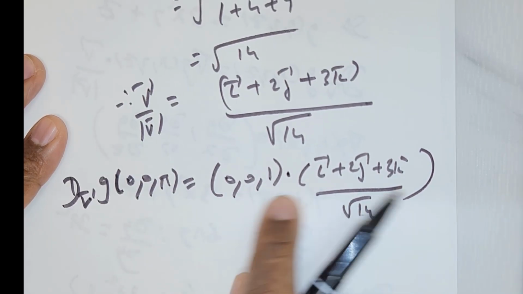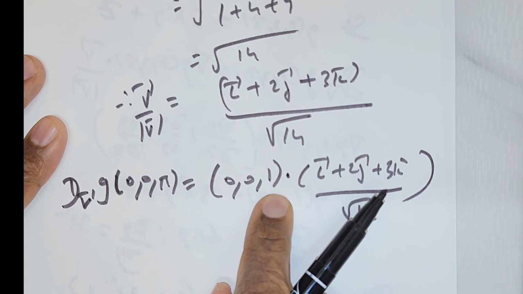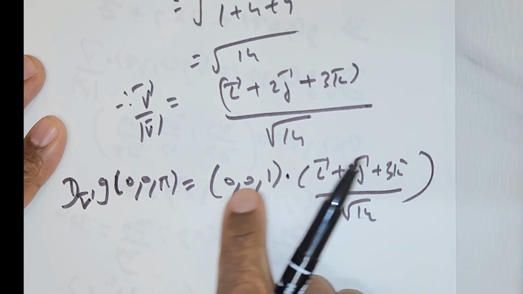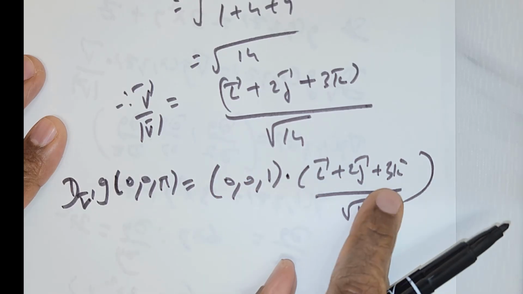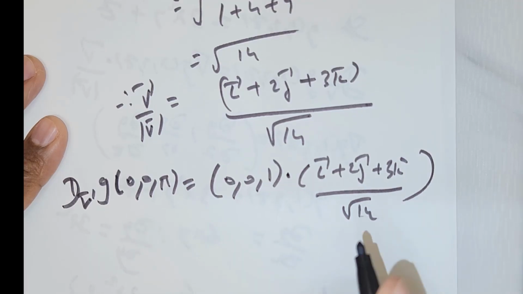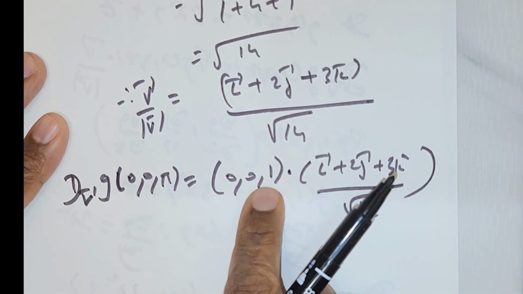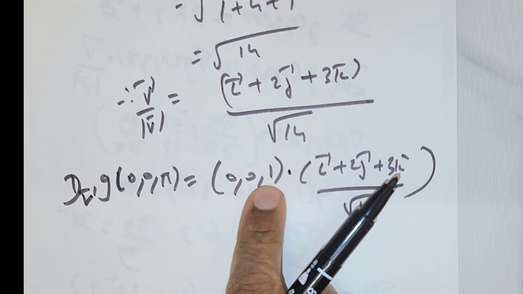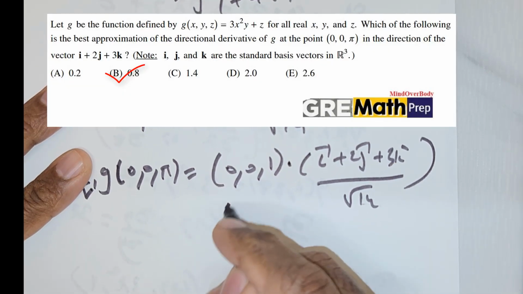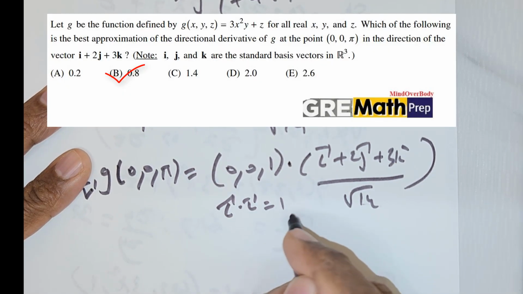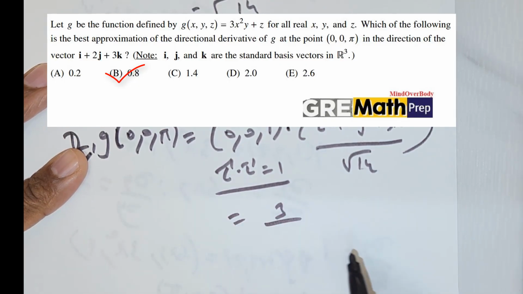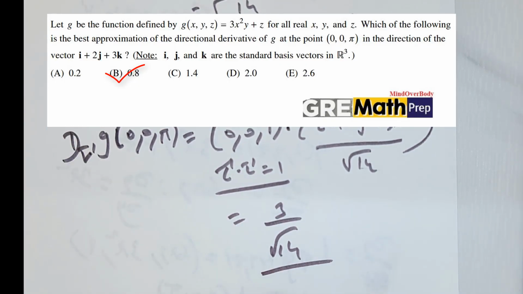Now, dot product, right? So these are all i, j, k components. We all know that rule: i vector dot i vector is equal to 1, and so on. So this is going to give me 3 over root of 14.